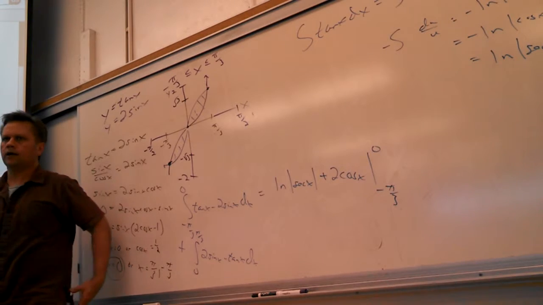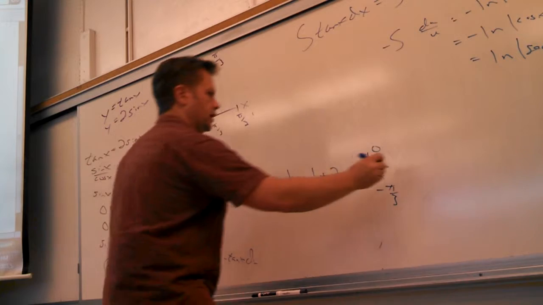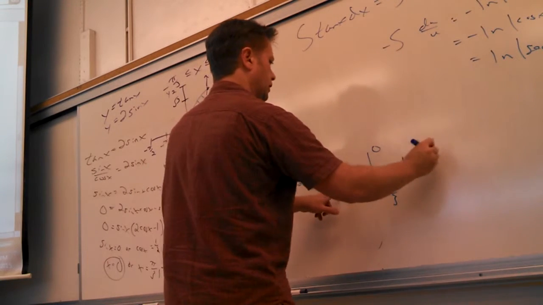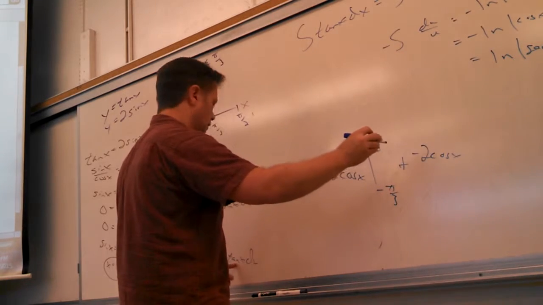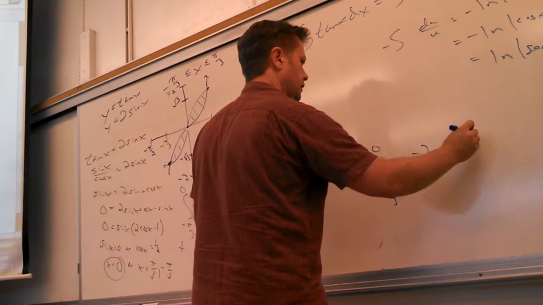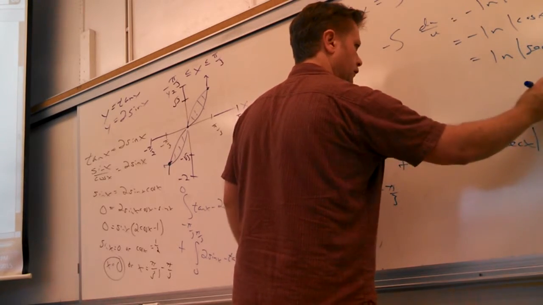And again, if you didn't realize the symmetry was there, you've basically done the second integral. It'll be plus 2 cosine x, excuse me, negative 2 cosine x minus natural log of secant of x from 0 to pi over 3.